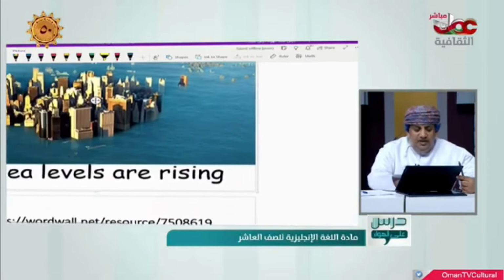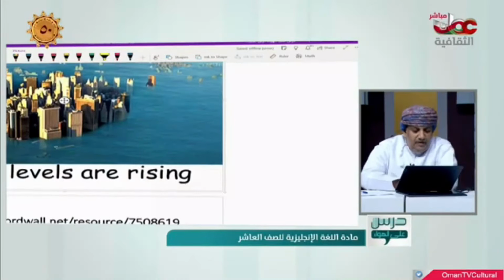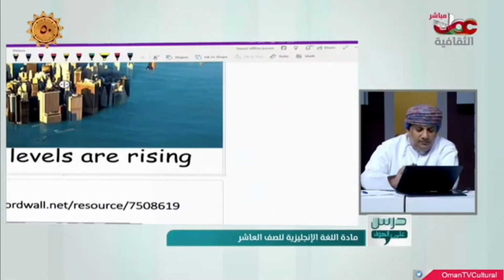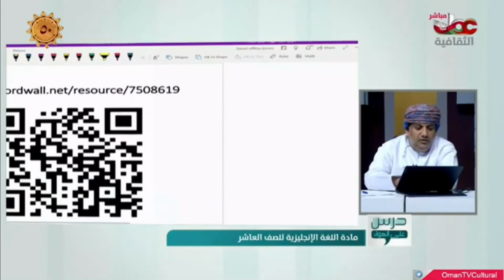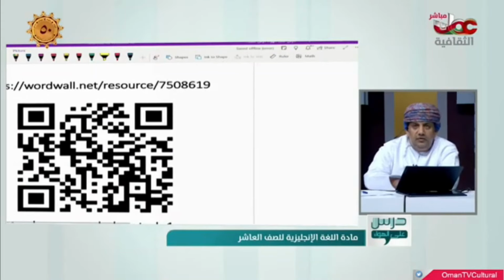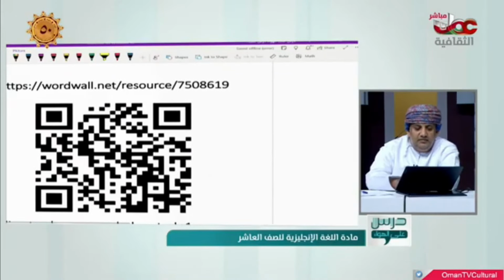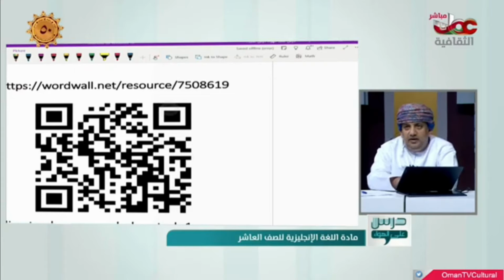Now we are going to play a short game. So I want you to look at this website, or use your QR code to play the game with us.